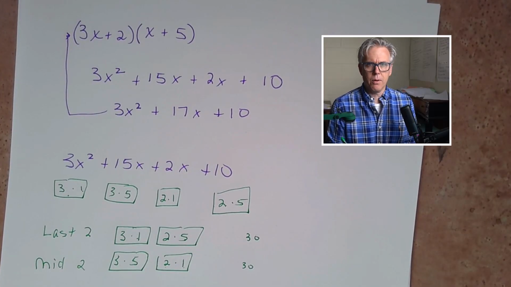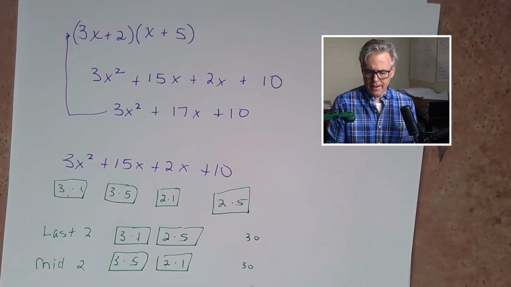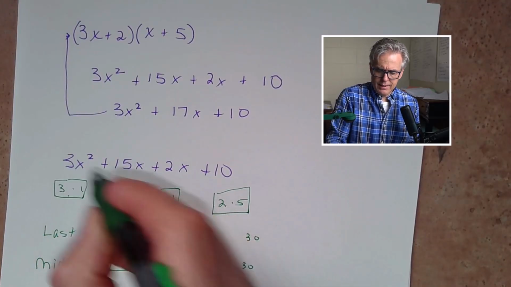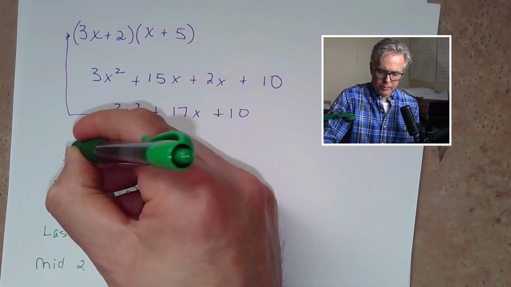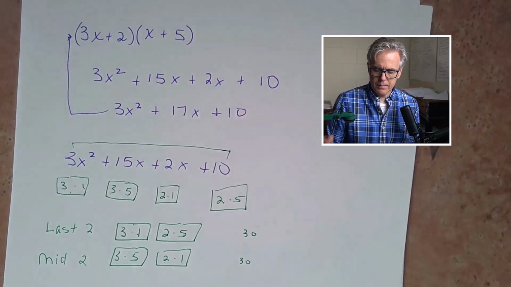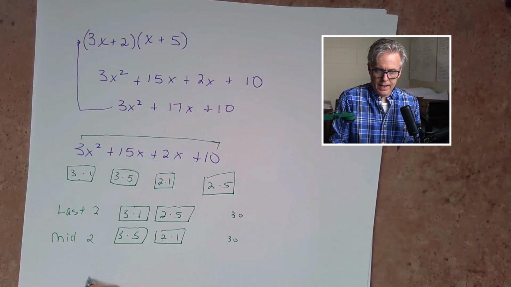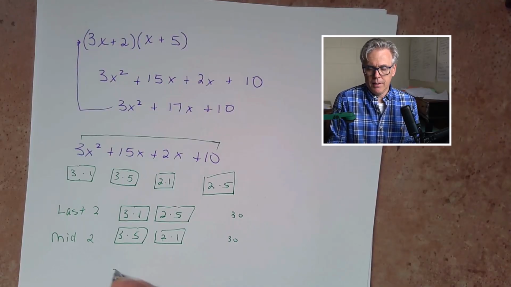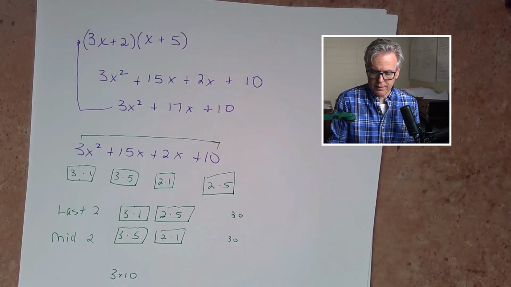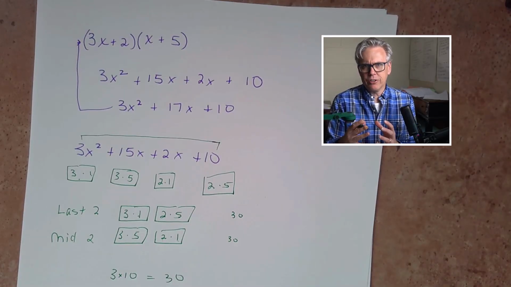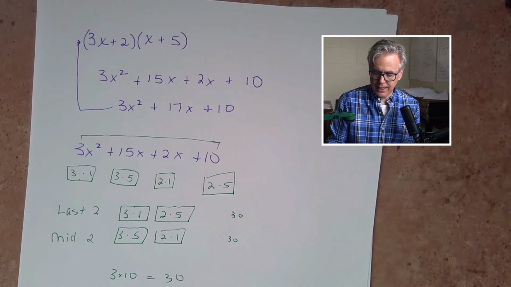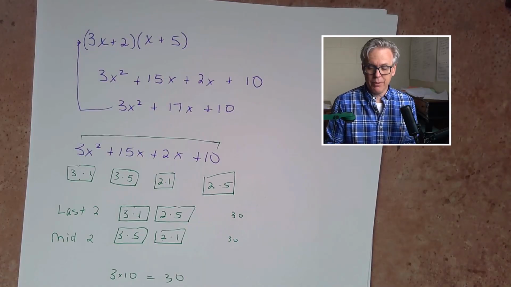What we're wanting is a way to split this 3 times 10, that product, which is 30, so that when we add those two factors, we get that middle term of 17. So how can we do that?